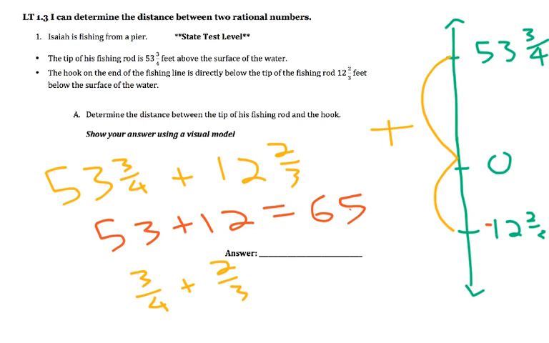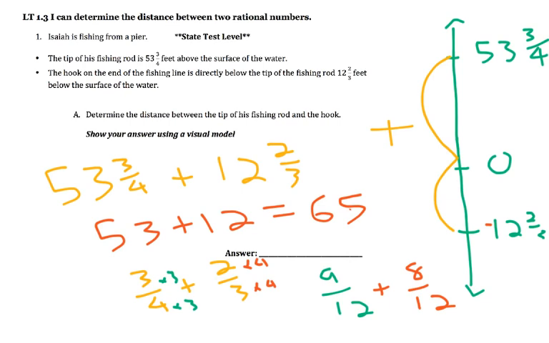So what you do is you multiply 3/4 times 3, which will get you 9/12. And then you multiply 2/3 times 4, which will get you 8/12. And then now you have like denominators.